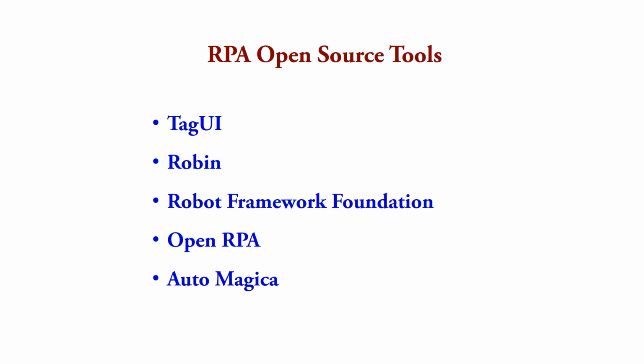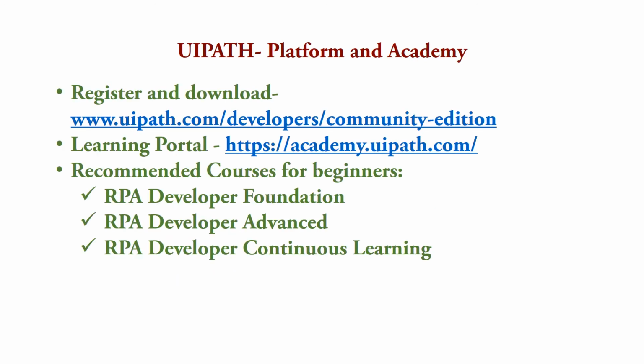Other than that, we have RPA open source tools like TagUI, Robin, Robot Framework Foundation, OpenRPA and Magica. If you know about UiPath, then go to www.uipath.com, where you have a learning portal, academy.uipath.com, in which you can take the courses RPA Developer Foundation, RPA Developer Advanced, and RPA Developer Continuous Learning.